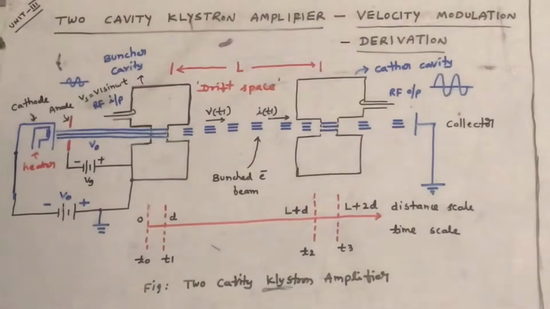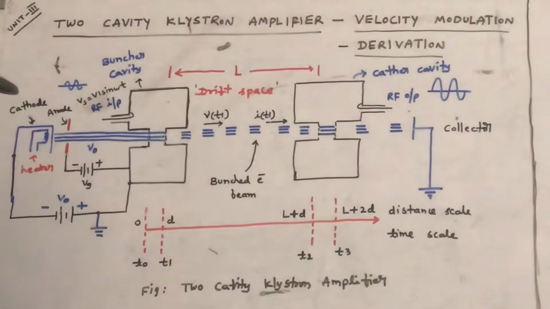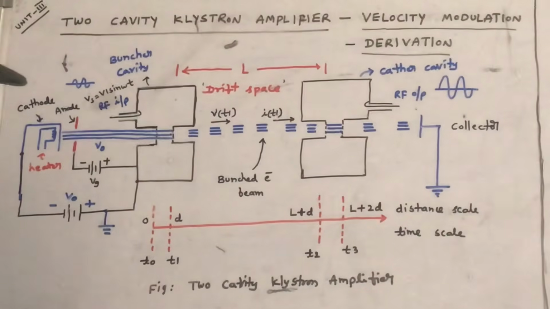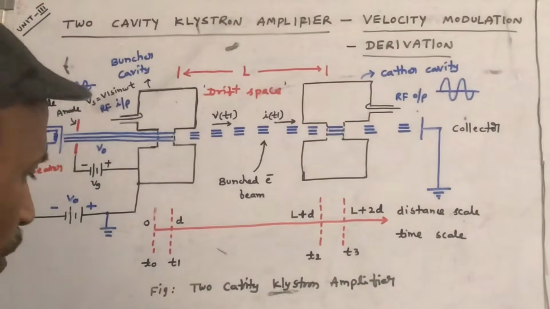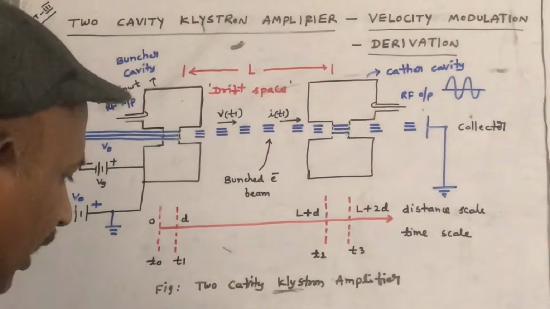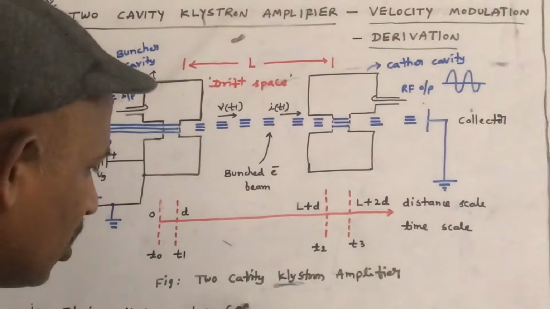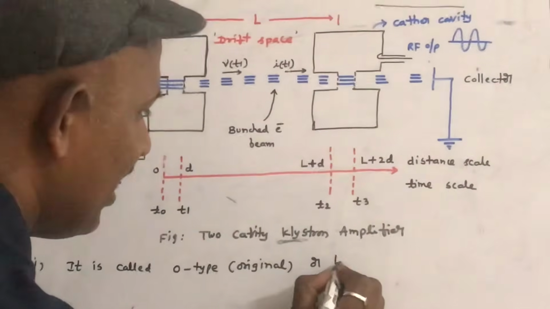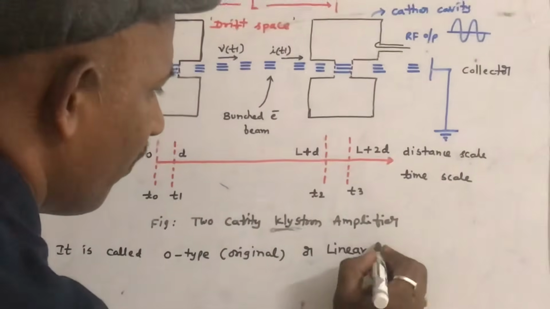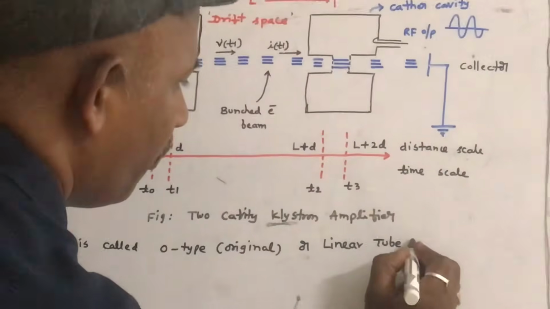Now, what is it called? It is called an O-type tube. O stands for original type. These are linear beam tubes. First point you have to remember is that these are linear beam tubes.